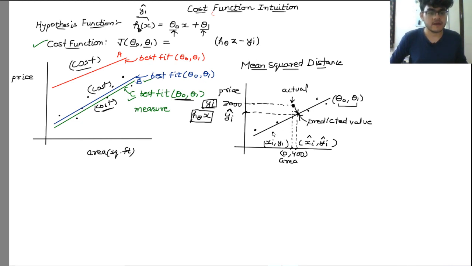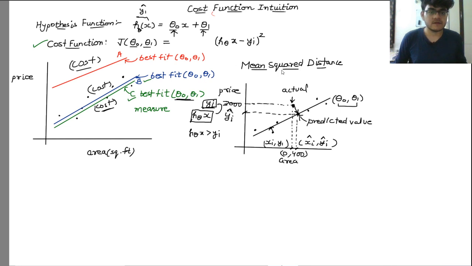Now if you try to calculate the same from this point to this one, you will find that the value of h theta x will be greater than yi. So in that case we get a positive distance, but in this case you will get a negative distance. That's why we do the squares, so that we don't have negative distances.